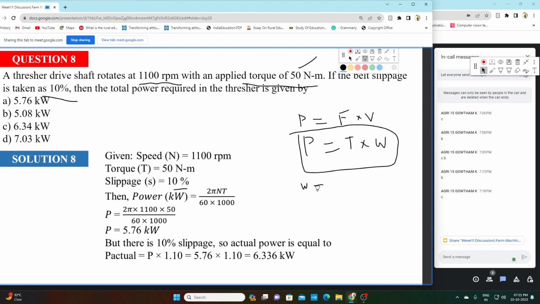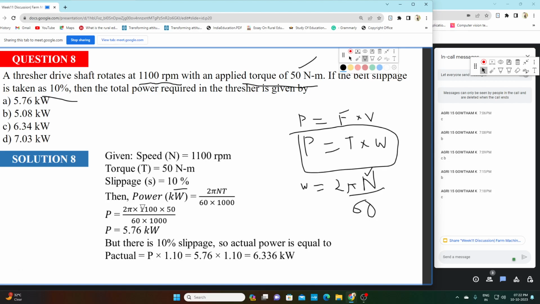Omega is 2 pi N by 60, and we know this N. So we can find omega or angular speed, 2 pi N by 60. Once we find omega, we multiply with T, that is already given, 50 Newton meter. So by this we can get the power.